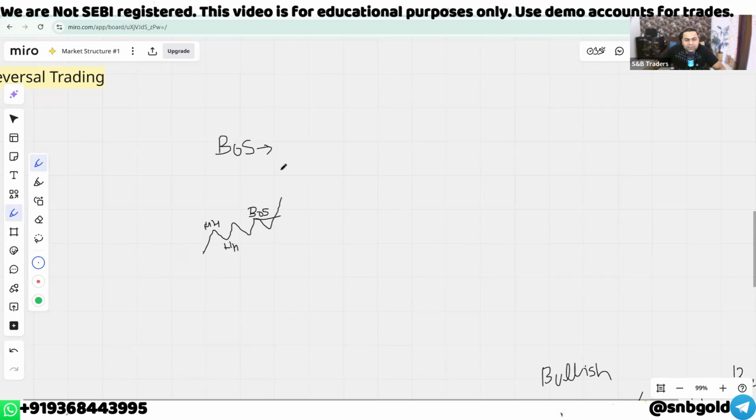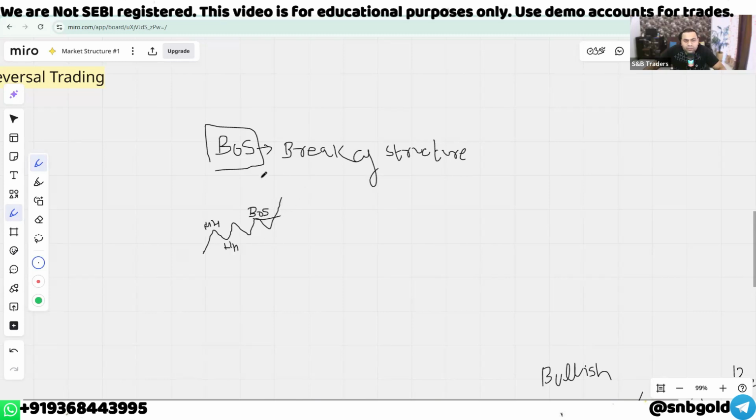And whenever there is a BOS or a break of structure, break of structure is the previous structure has now been broken and we have a new higher high or a new structure. Market structure has changed.